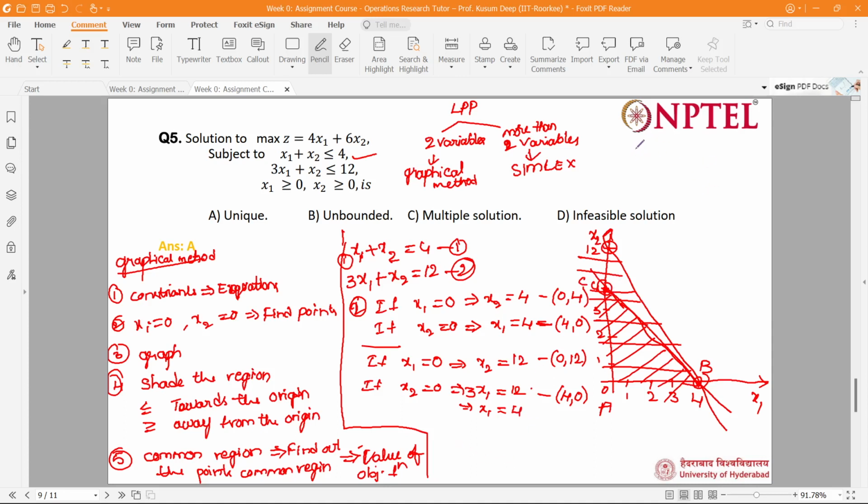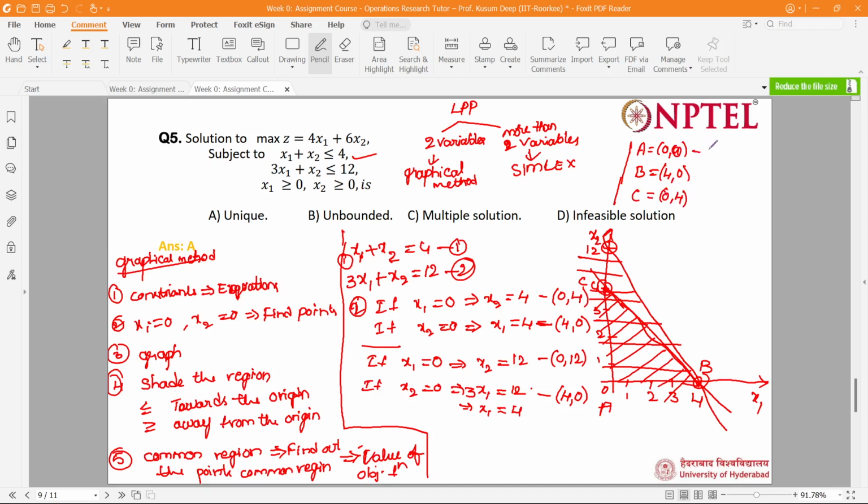Here we find that the points are A equal to 0 0, and C equal to 0 4.